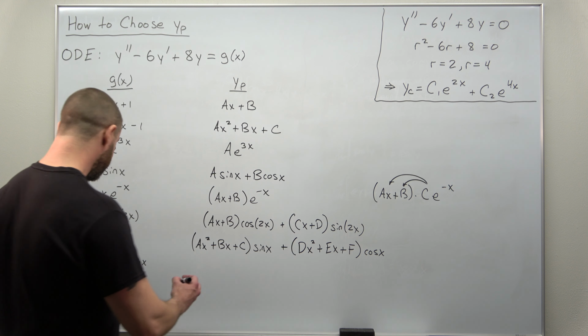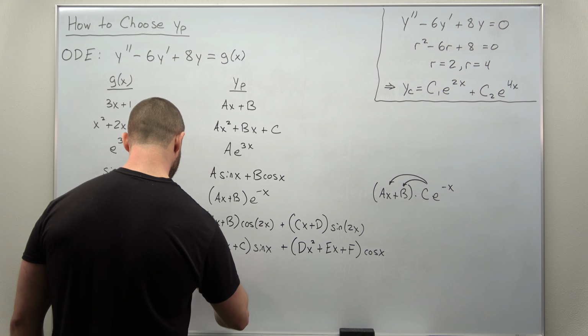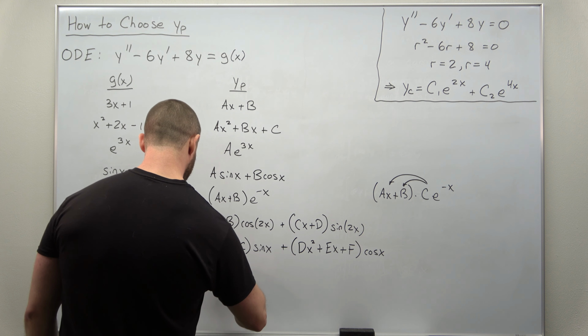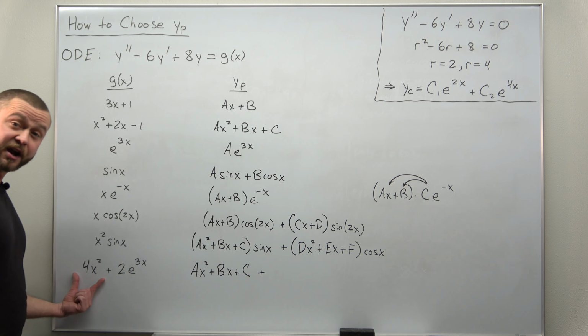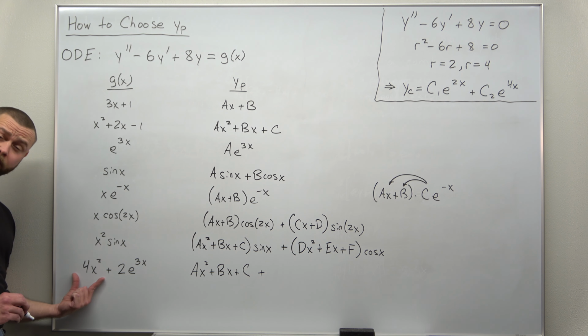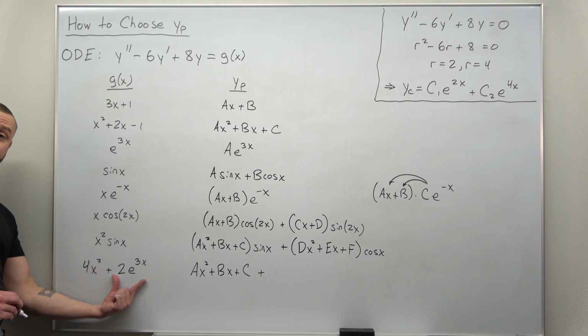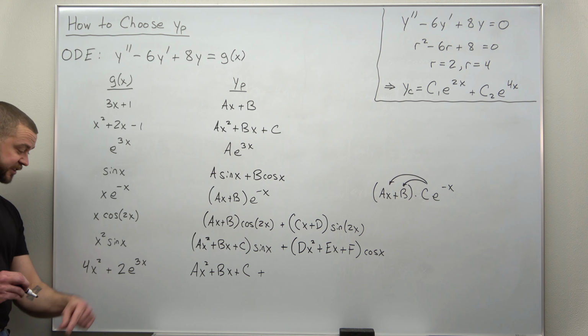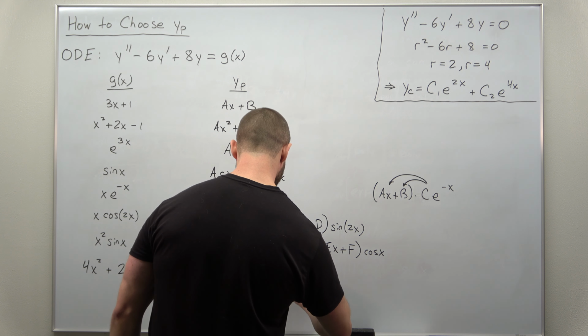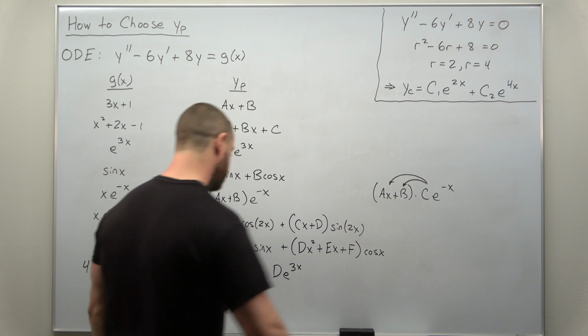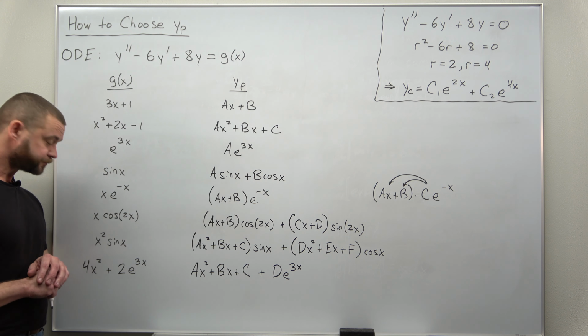So that might look like ax squared plus bx plus c. That takes care of the form of the particular solution for 4x squared. But we might also include another term in the particular solution, a generalized exponential function. We might go with d times e to the 3x.